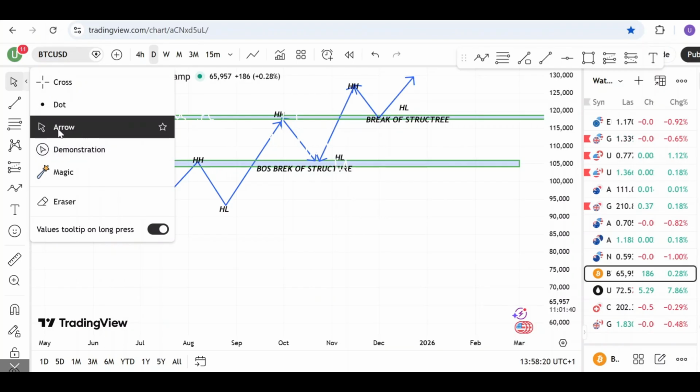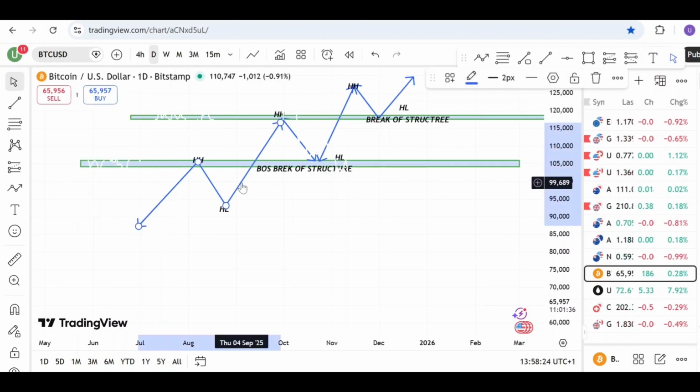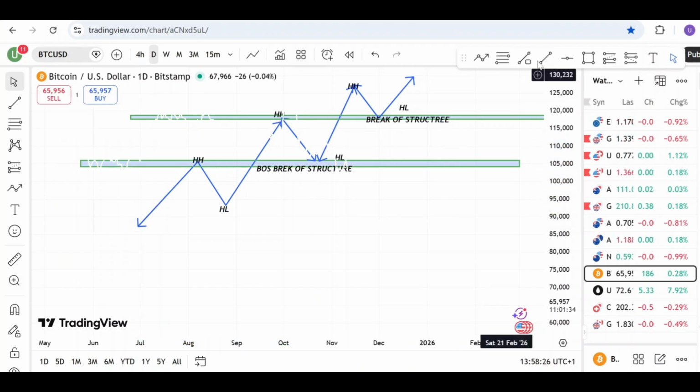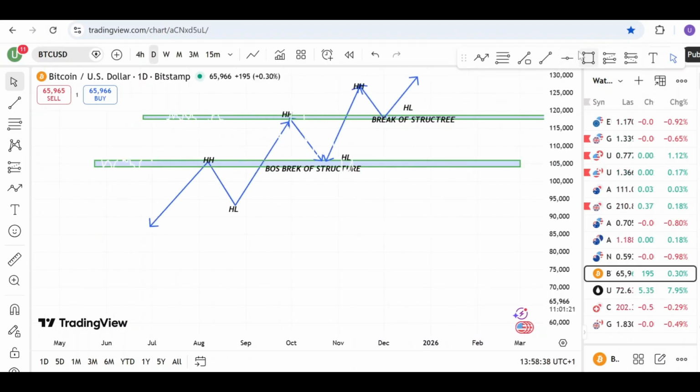My friends, where can I get an arrow? Okay, it's not working. I don't know why.